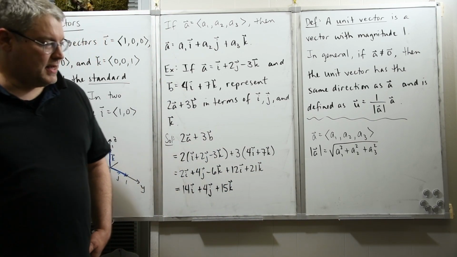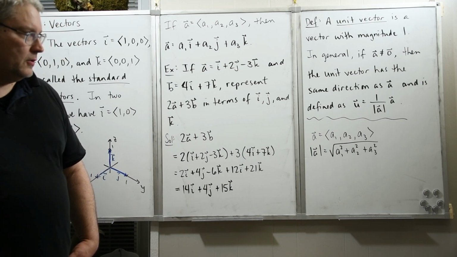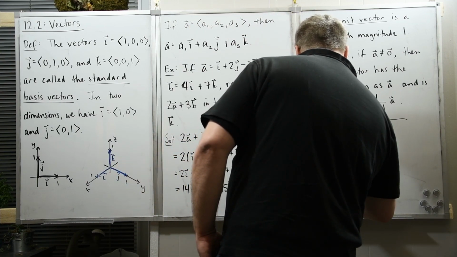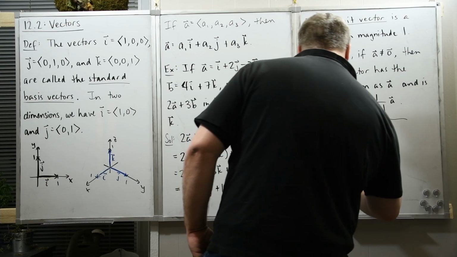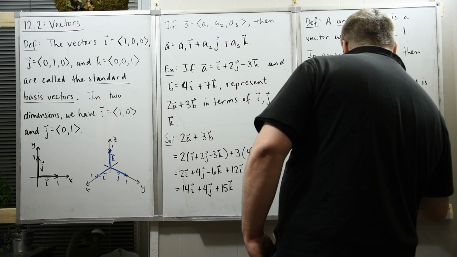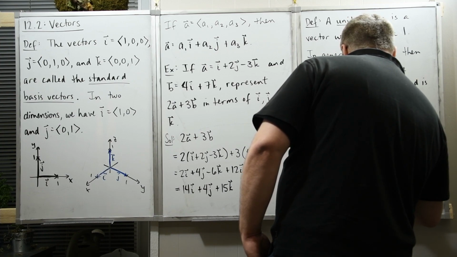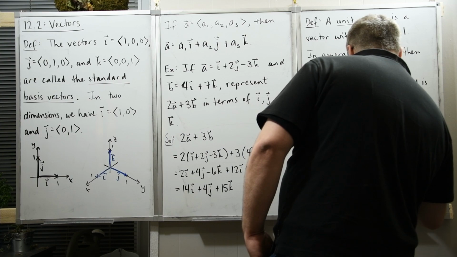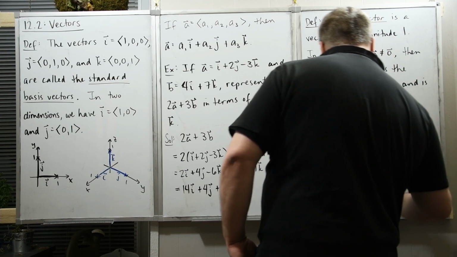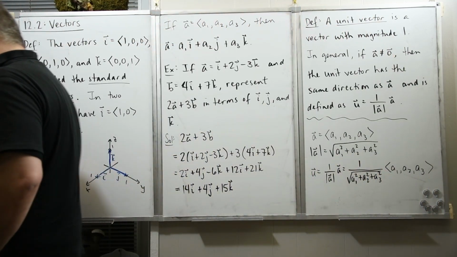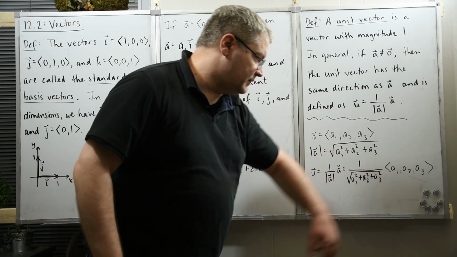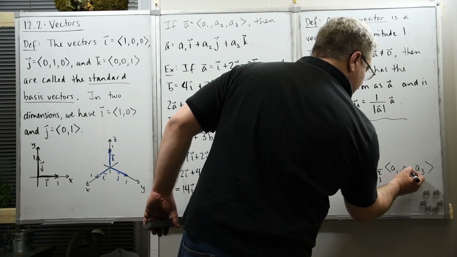So if we take a look at the magnitude of U, well, first off, U is going to be 1 over the magnitude of A times A, which can be written as 1 over the square root of A1 squared plus A2 squared plus A3 squared, times the vector with components A1, A2, and A3.